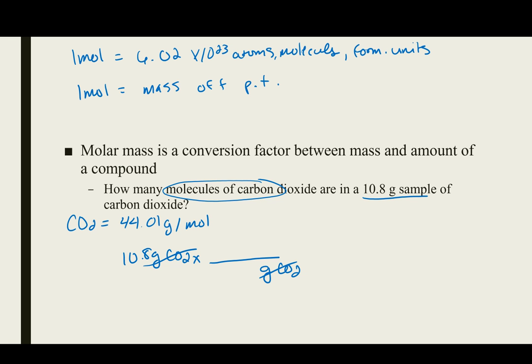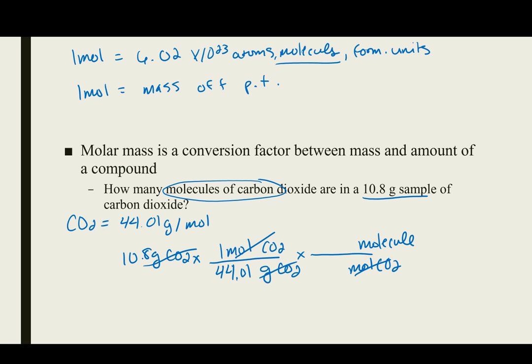And then my conversion factor from grams, I have to go to moles because that's what that molar mass means. 1 mole of carbon dioxide has a mass of 44.01 grams. So I'm going to put 1 mole on top and 44.01 grams on the bottom. I have to keep going because it's asking for molecules and I'm only at moles. So I'll cancel mole and then go to molecule.